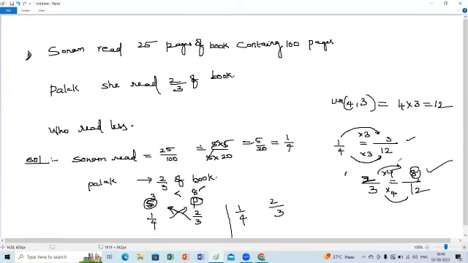Now what about the difference? I got the last answer as 5 by 12. We should subtract now. You have to subtract 2 by 3 minus 1 by 4, which means 8 by 12 minus 3 by 12.